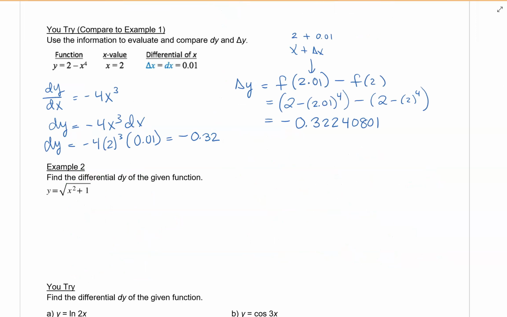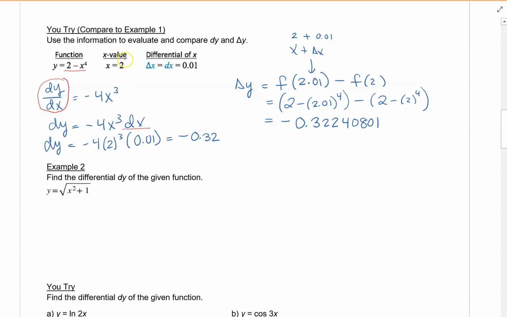Okay, so let's see how you did. To find my differential for y, I have to take the derivative of y with respect to x. Here's my equation. I just used the power rule. Then I want to split the differentials up, so I multiply the dx to the other side.